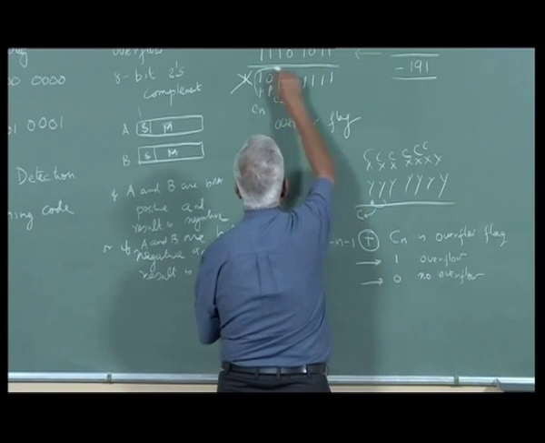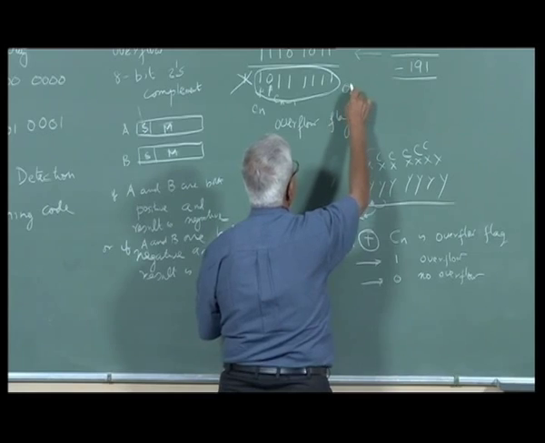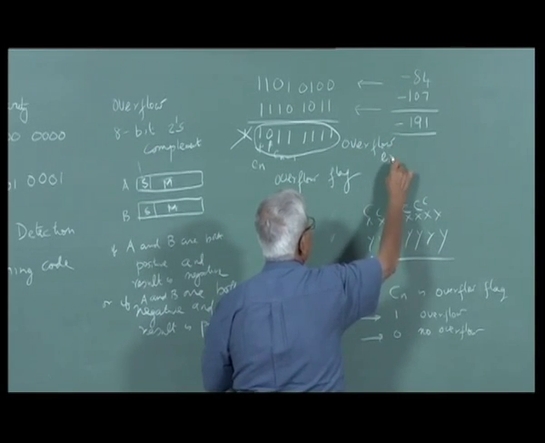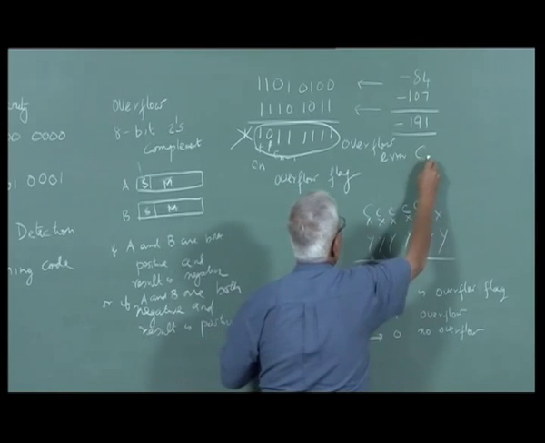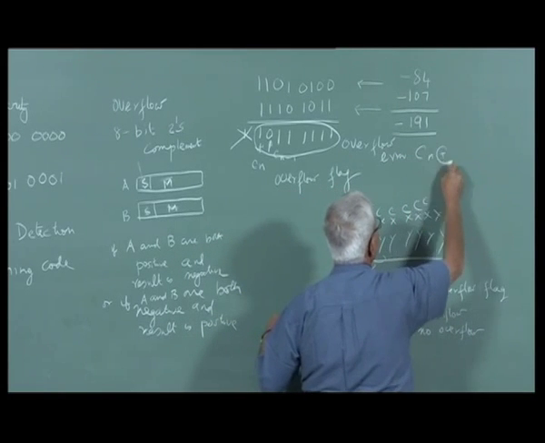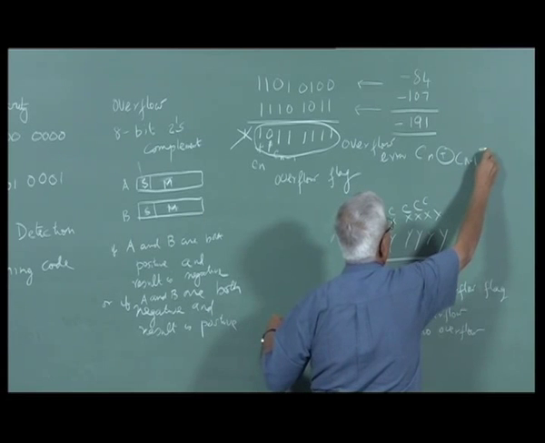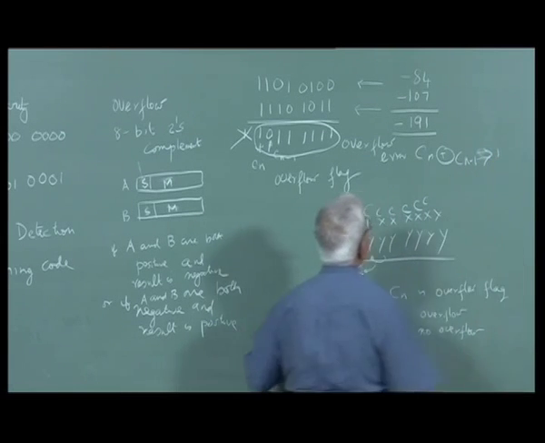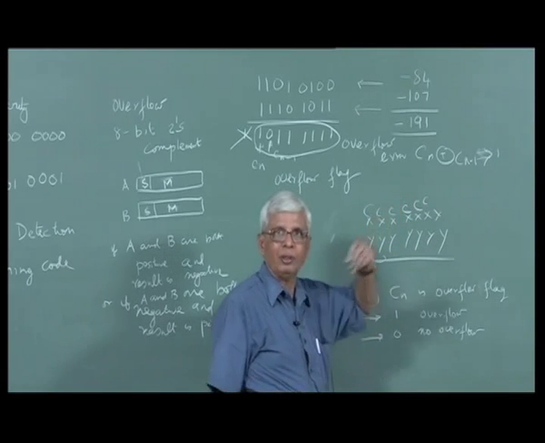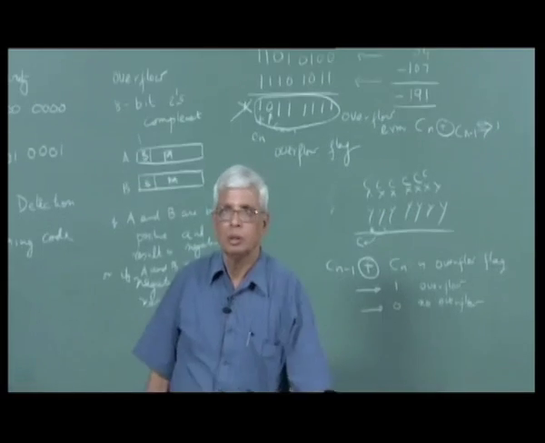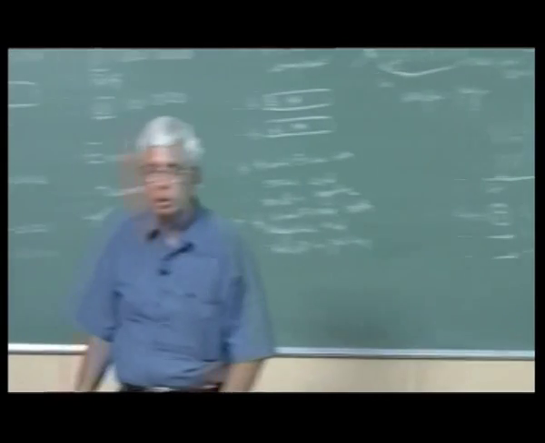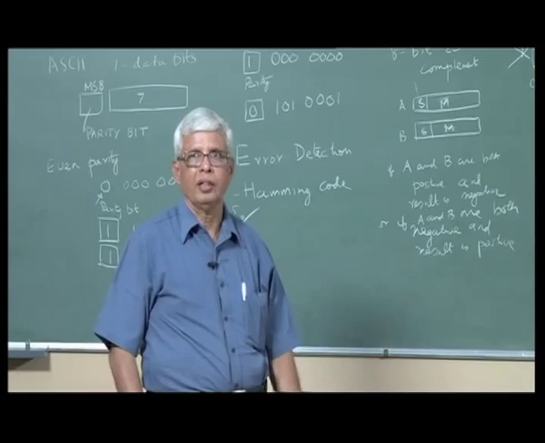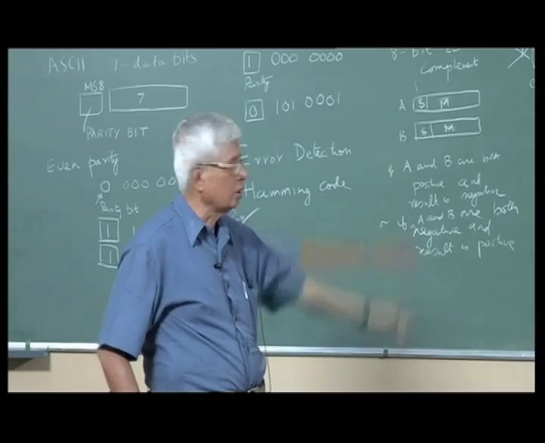So I can say it's an overflow error because Cn minus 1 and Cn differ. That proves it by the result 191, which is shown, which is overflow already, we know that. So this is what it is.